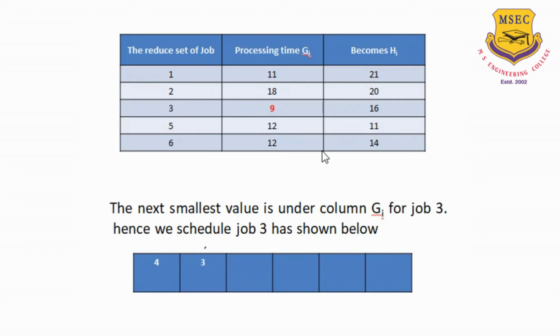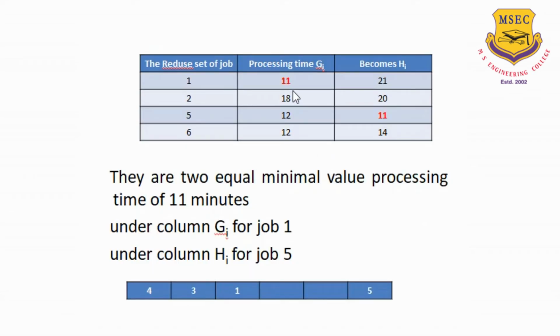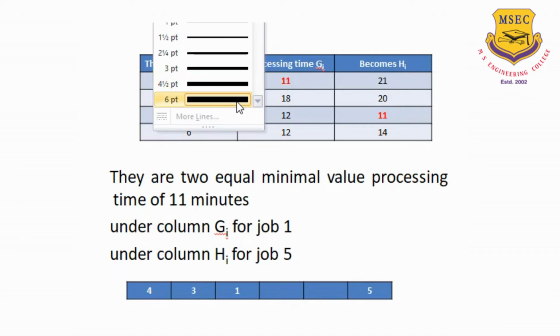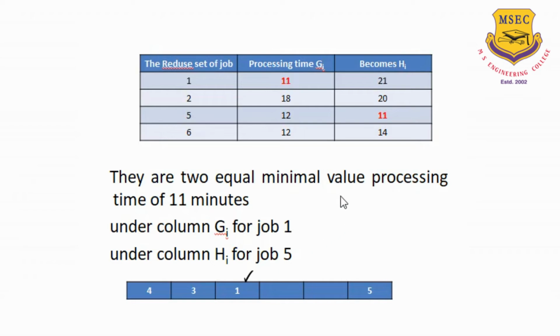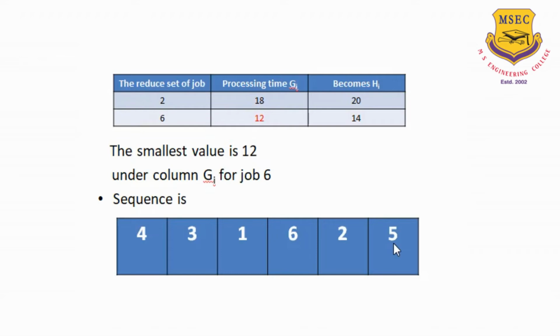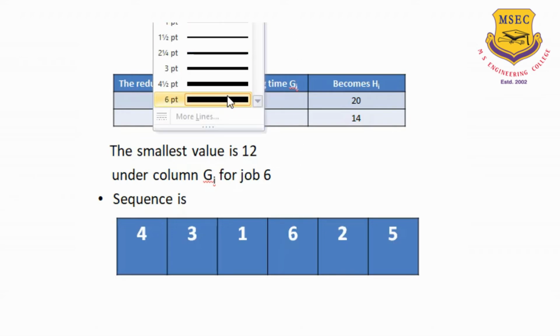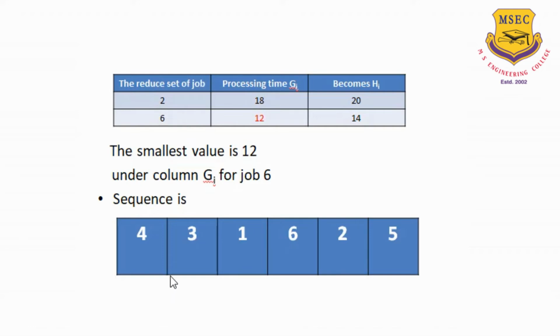Next, the minimum is 11 for job 1 as well as job 5 for the H machine. That means we write 1 here, and the next job, the fifth job, we write here. The last job that we have is the sixth job, for the G machine, so we write that job here. That's how we get the sequence 4 3 1 6 2 5.